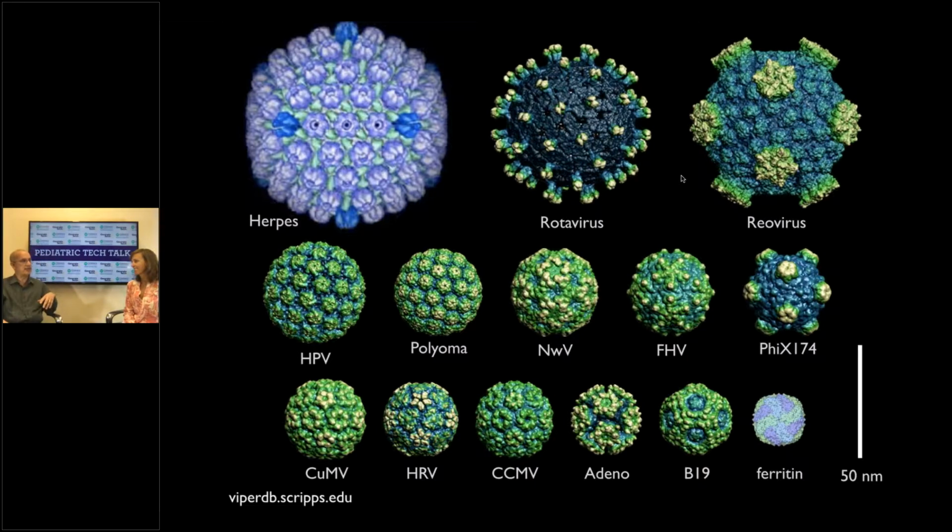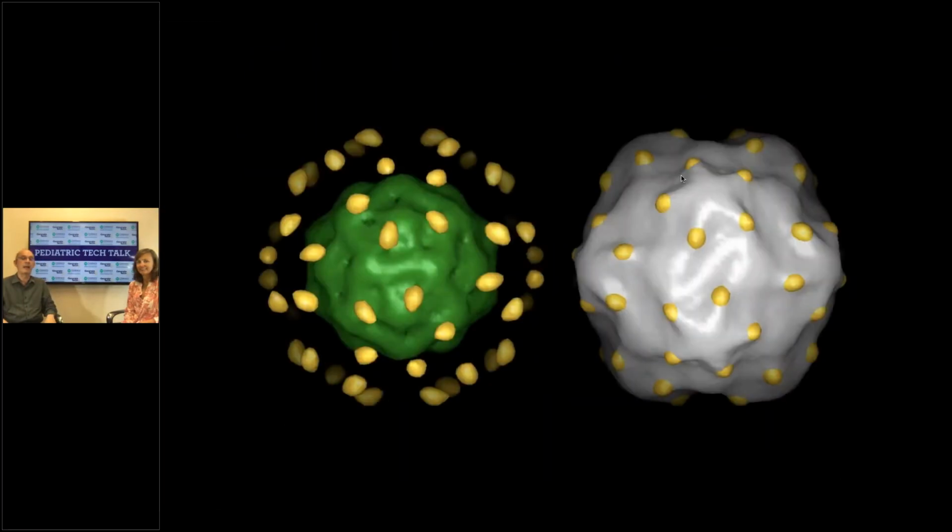Since we're in the business of making medicines or making things that can detect disease, anytime we have a platform that we can control the molecular structure of, and if the molecular structure determines the function, we have a really interesting platform on which to engineer different functions to detect or treat disease. The functions of the virus are different than that, but that doesn't mean we can't use them for our own purposes. So here's one more image, and then I'll switch back so we can continue the discussion.